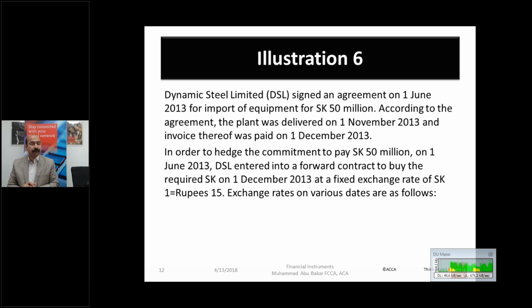Shakil Zulfikar asks: what will be the effective and ineffective portion if the situation is reversed, where the value of the hedging instrument is 90 and the hedged instrument is 100?